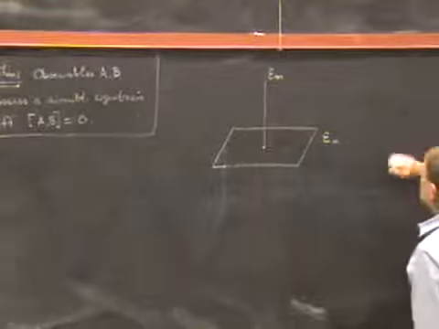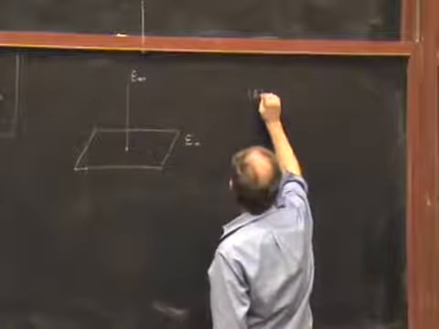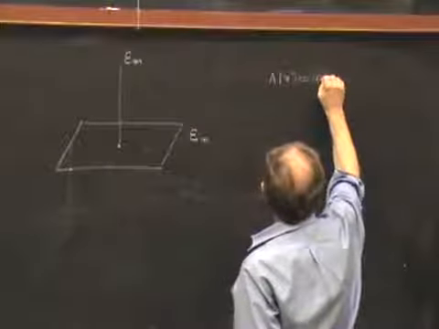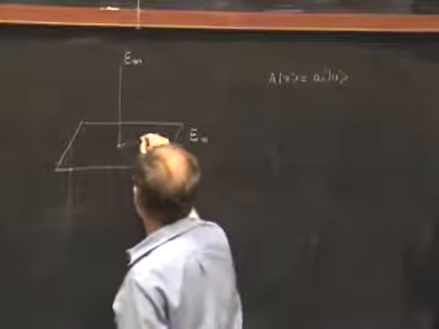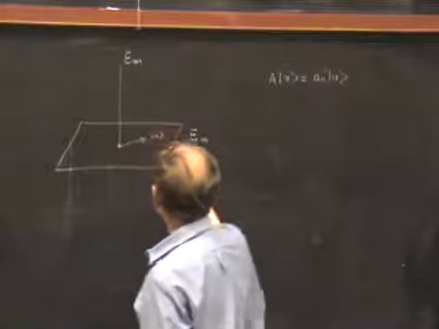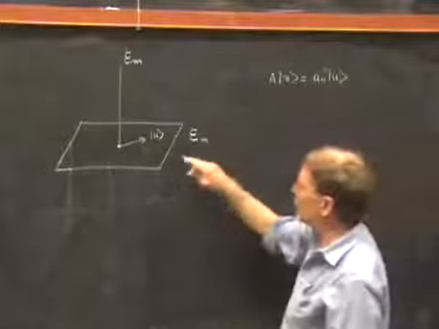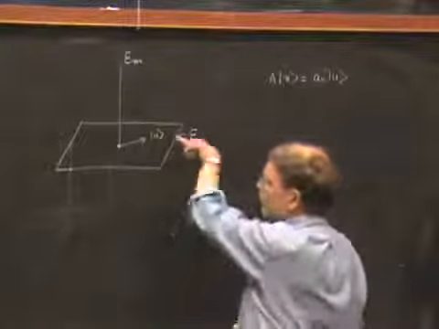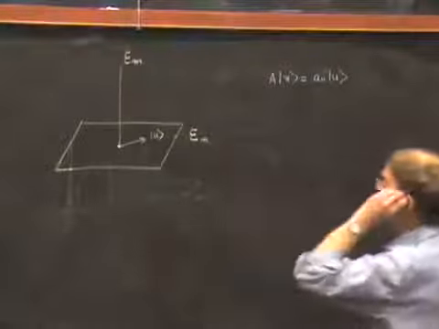Let's suppose that A acting on a ket U gives me A sub n U. That means that ket U lies inside this eigenspace En. When A acts on it, all it does is multiply it by a complex number, so it gets longer or shorter, maybe it changes its direction, but it stays inside En.